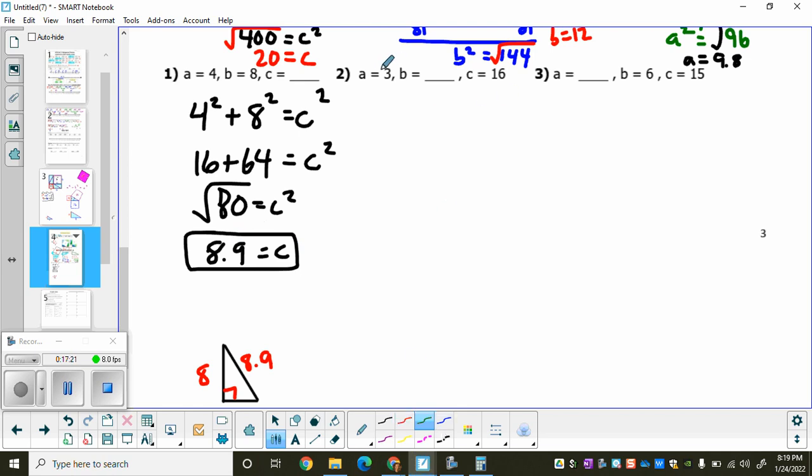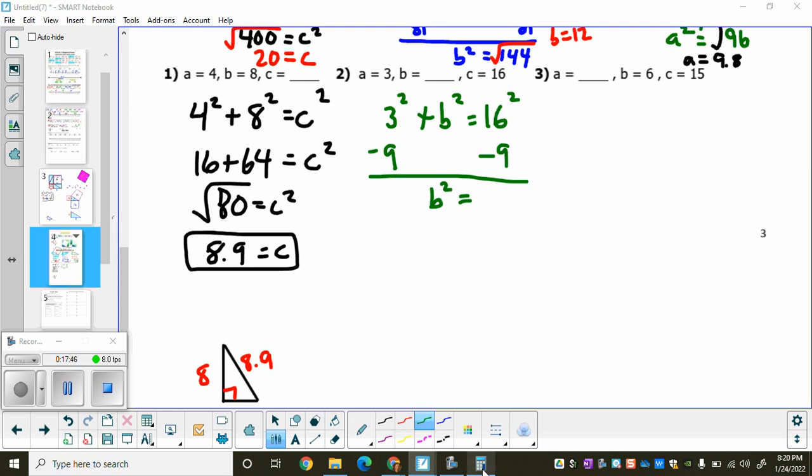All right, for the next one here, we're going to have that 3 squared plus b squared equals 16 squared. So I'm going to minus 9 on this side because 3 squared is 9. I'm going to minus 9. And I'm going to get here that b squared has to be whatever 16 squared minus 3 squared is.